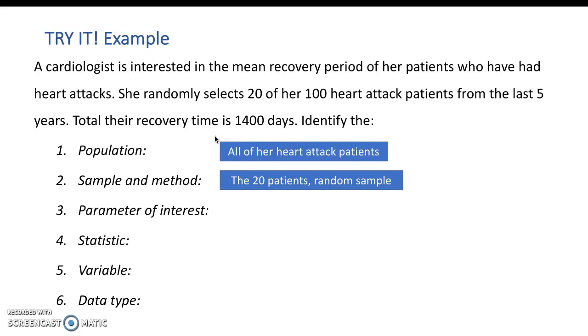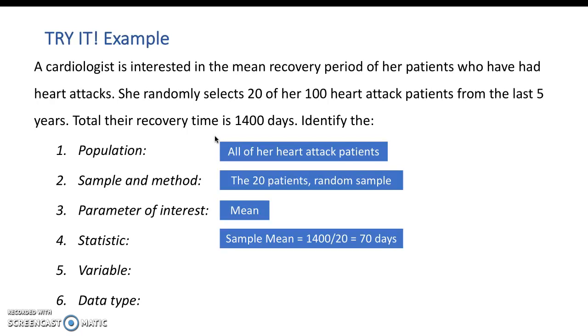Okay, so our sample is the 20 patients and the method is a random sample. Parameter of interest. Okay, so here is where we cannot give a number, but we can give in words the parameter that she is wanting to estimate, and it is mean, right? A cardiologist is interested in the mean recovery period. So the parameter of interest is mean.